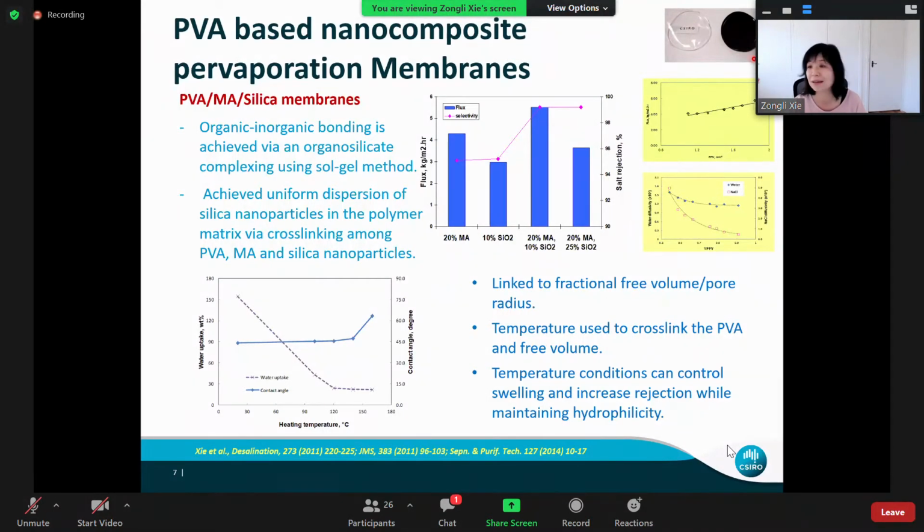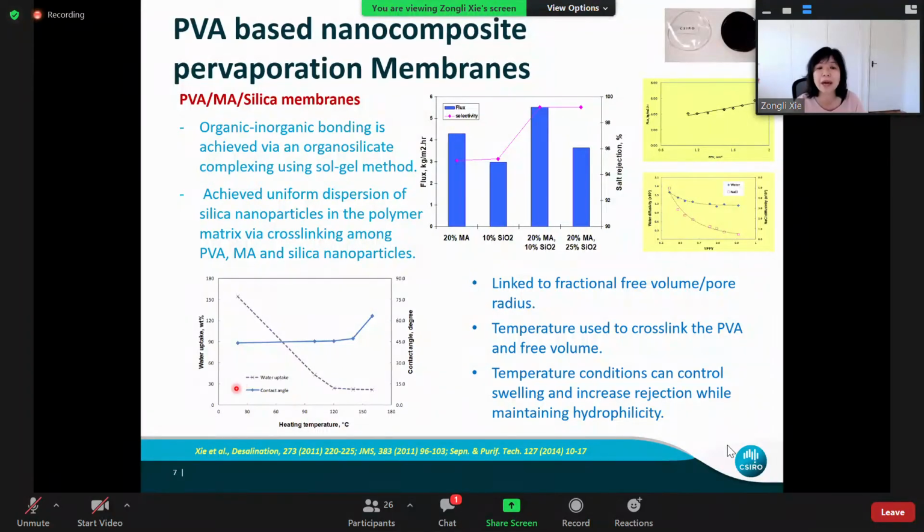You can see the color is very dark, and that membrane or film is relatively brittle. The dark color indicates poor silica nanoparticle dispersion, because those two have the same amount of silica content. But the one on the left is transparent, which indicates the small size of the nanoparticles.